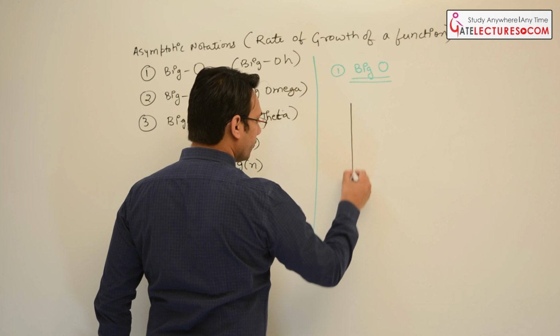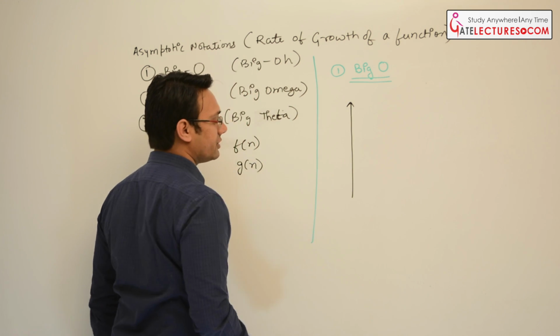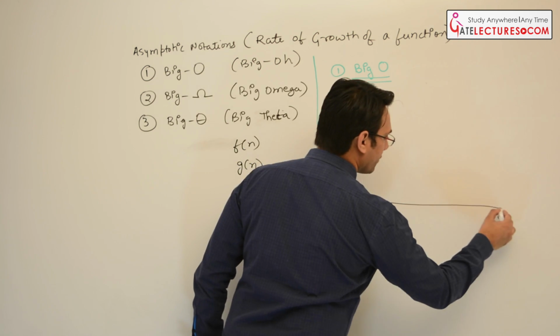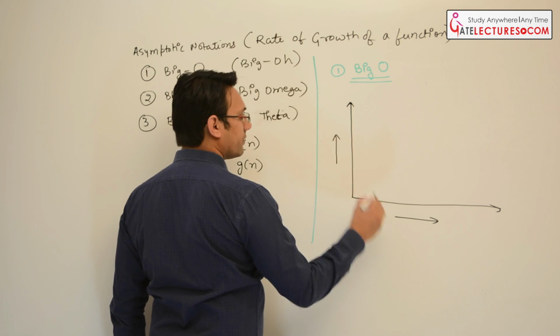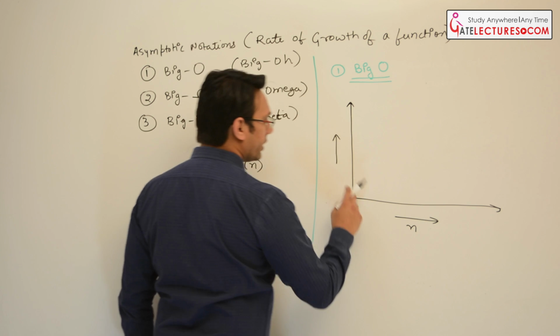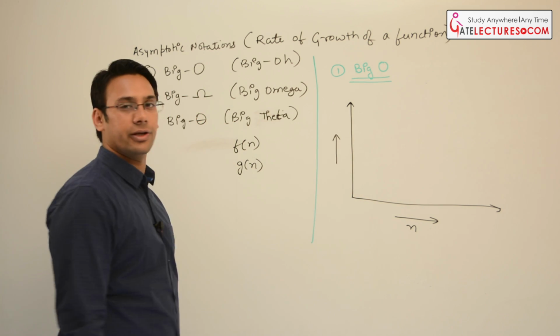Let us suppose we have the functions f(n) and g(n), and this is the graph, and here we are increasing the value of n, and here the function's value is increasing.